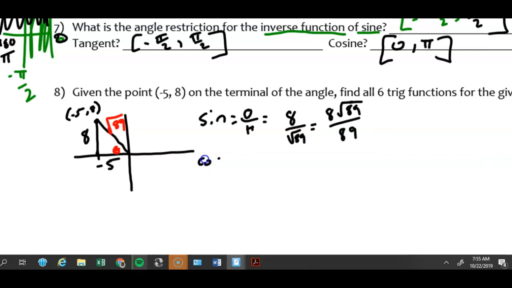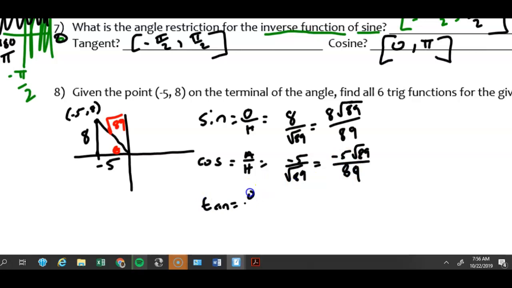Cosine. Cosine is adjacent over hypotenuse, which equals negative 5 over the square root of 89, which we can rationalize like that. Ooh, I almost put 80. Tangent equals opposite over adjacent, which equals 8 over negative 5.